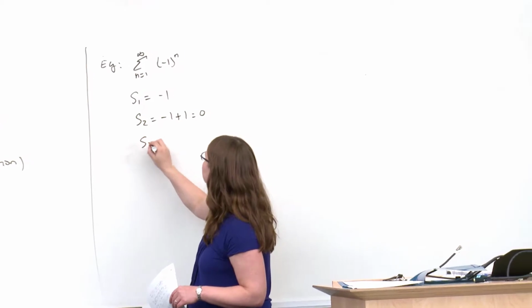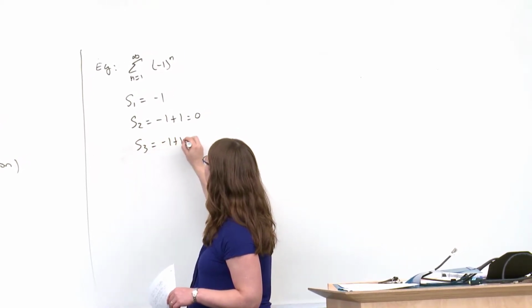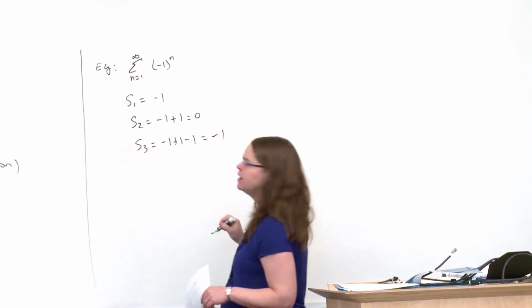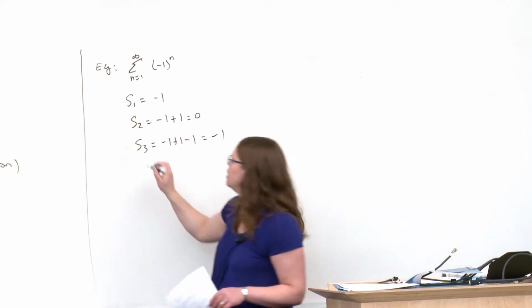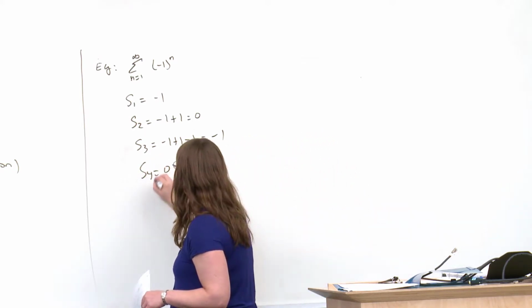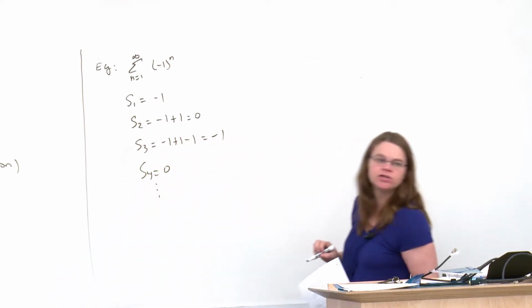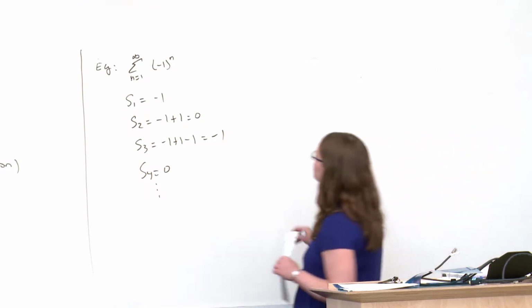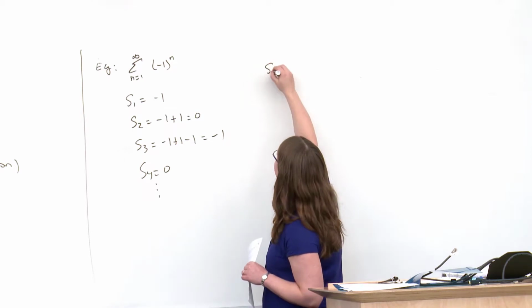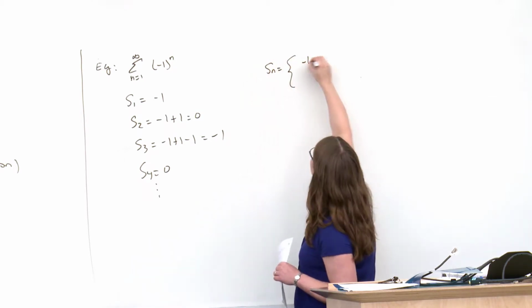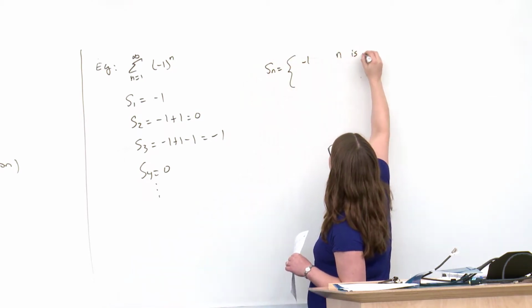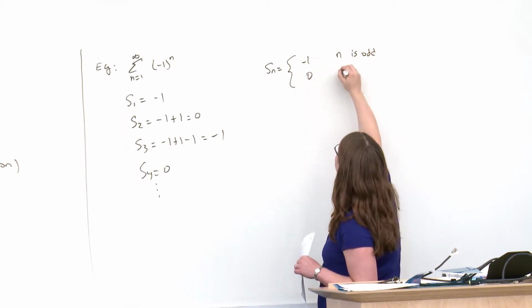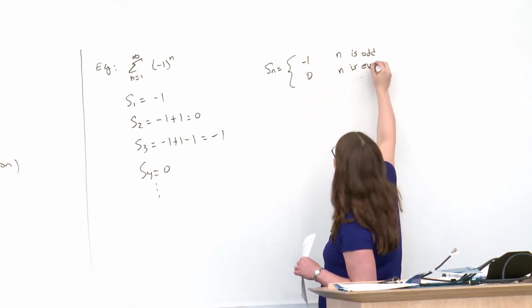Right, s3 equals minus 1 plus 1 minus 1, that's minus 1 again. S4 equals 0, and so on, right? And it's going to keep alternating between minus 1 and 0. And the general term is going to be minus 1 if n is odd, and 0 if n is even.